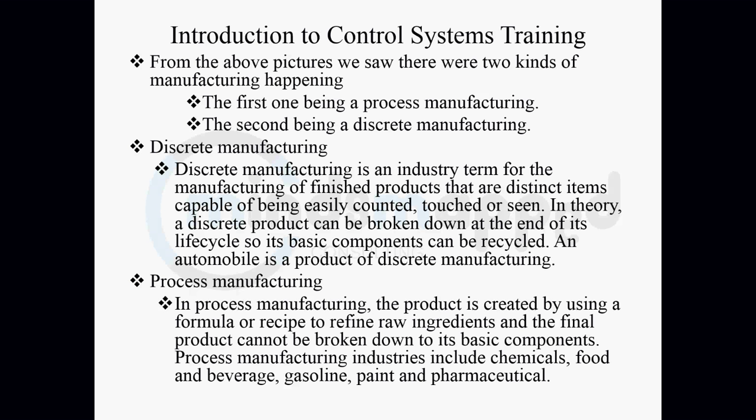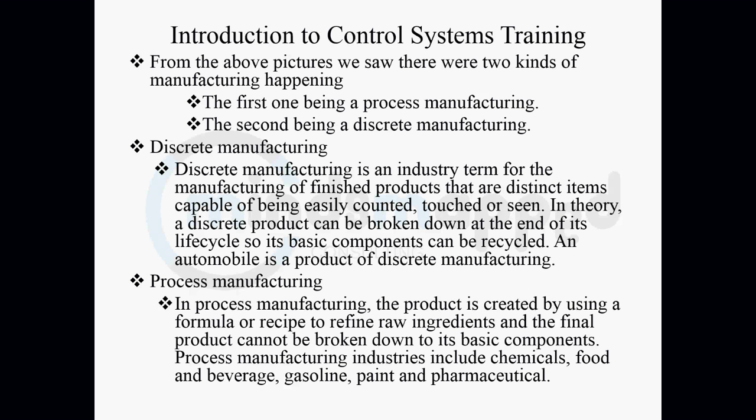What it means is that there are several parts that are assembled together to create your final finished product. And this final finished product is very unique, very identifiable in its own way. You can identify a car by its model, right? Although there will be several cars of that model, each will have its own identity.